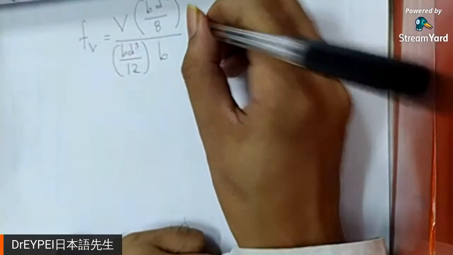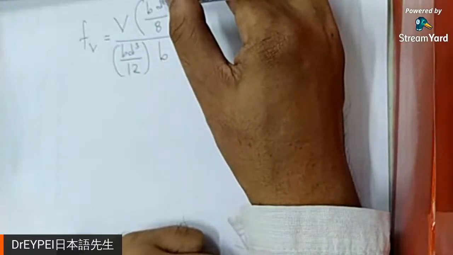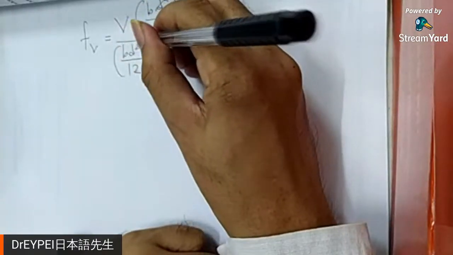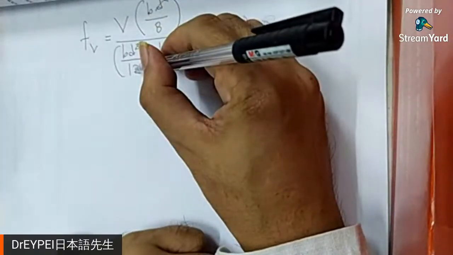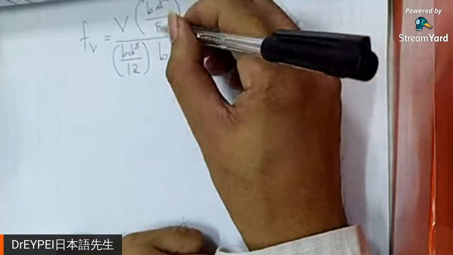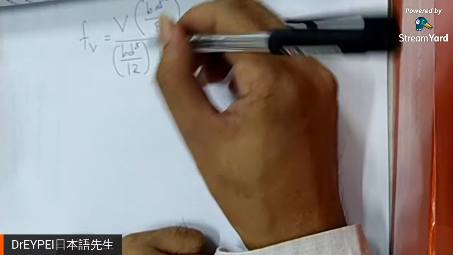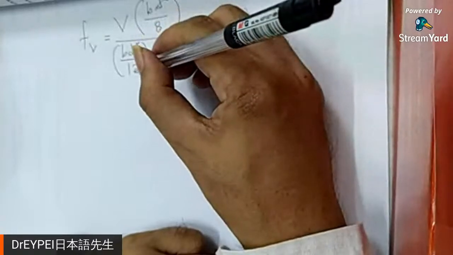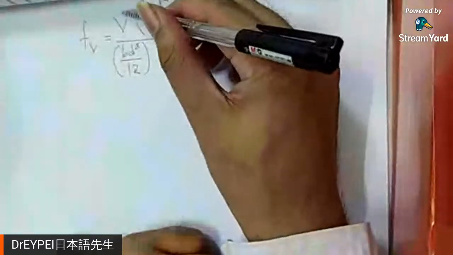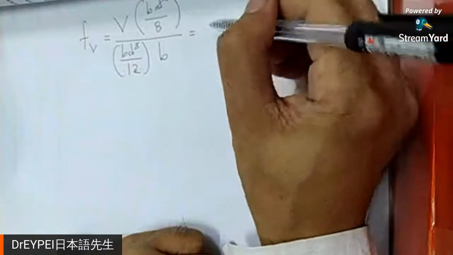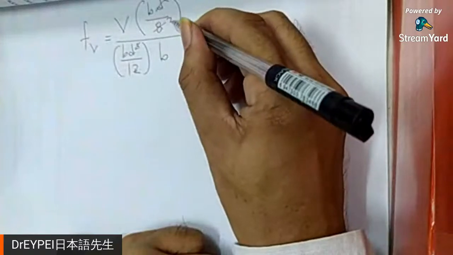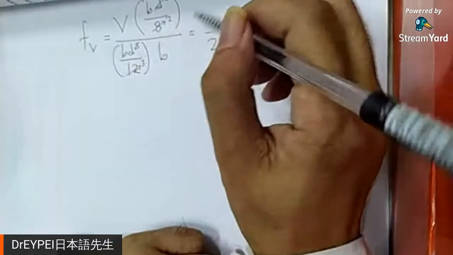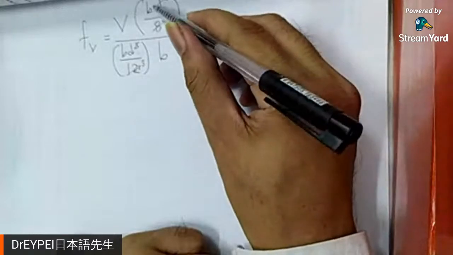Let us cancel out. D squared will be cancelled and 1D will be left behind. 8 over 12 is what? Divide by 4. So this will become 2 and this will become 3. So 3 is going to be the numerator and 2 is the denominator. So 3 halves. And what about B?